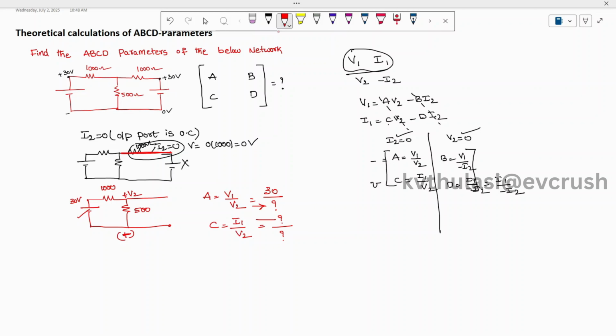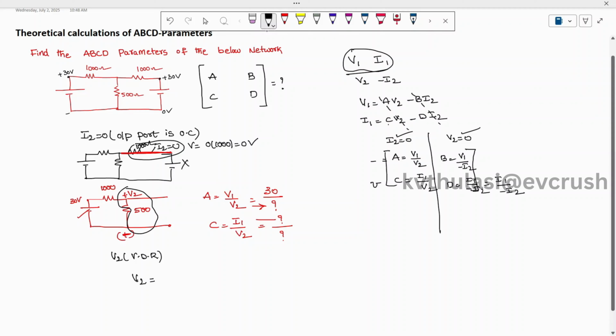V2 is the voltage across the 500 ohm resistor, so I'm going to find V2 using the voltage division rule.